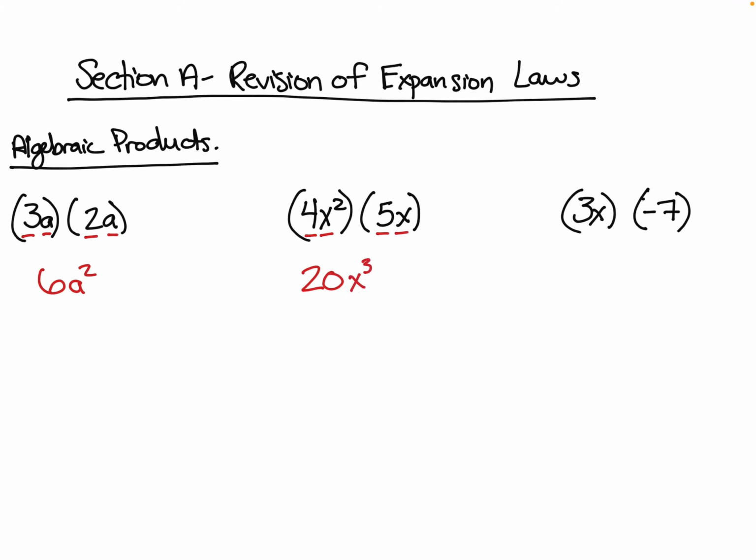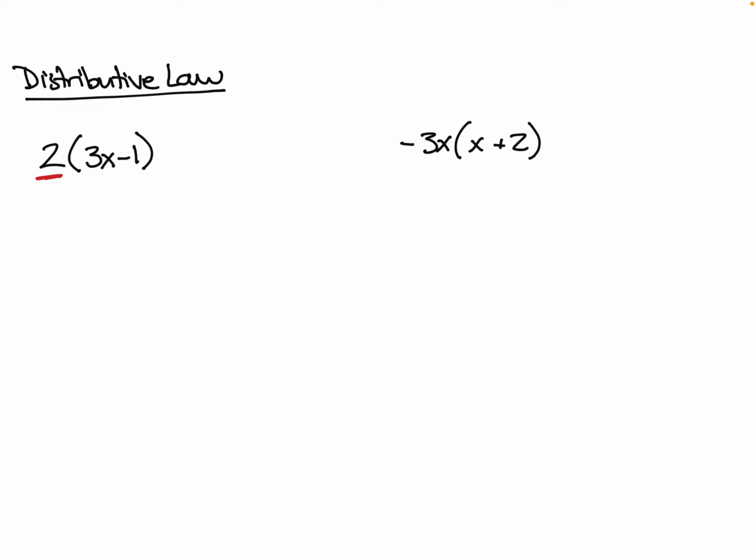Okay, so now let's get to some of the actual expanding laws. We're going to look at 2, and then we're going to look at a couple of special cases for the second one. The first one is called the distributive law. This one is used when you have a term that is being multiplied into a set of brackets, or onto a set of brackets, however you want to think about it.